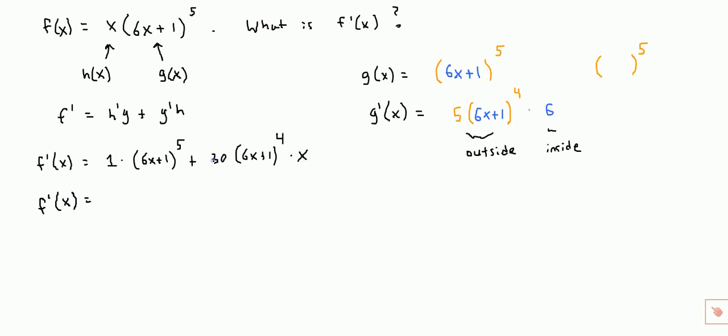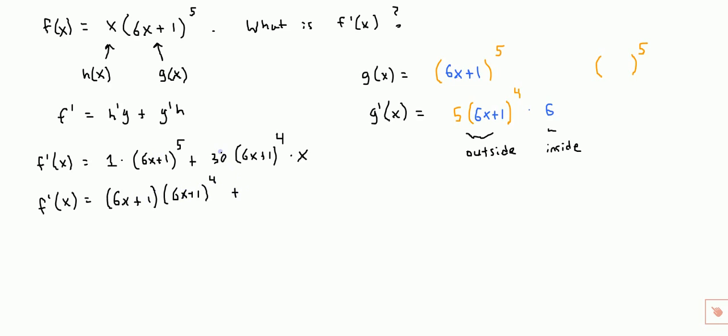So we want to be able to add these together. So this is (6x plus 1) to the fourth. So we can get that over here if we pull out a 6x plus 1. Right? So we've got 5 of the 6x plus 1, so we can pull one out, and we're left with 4 of them.